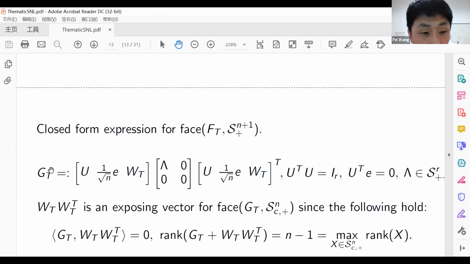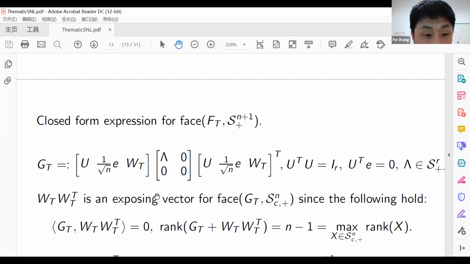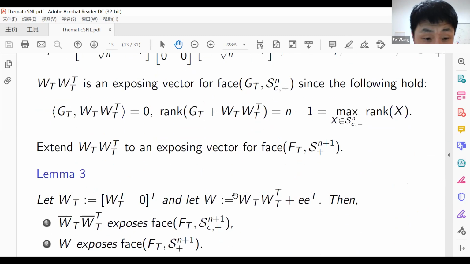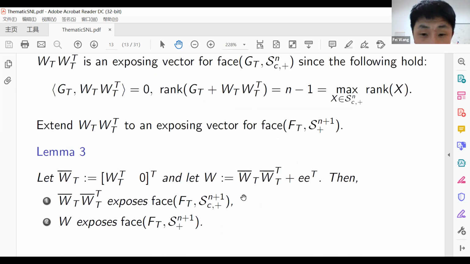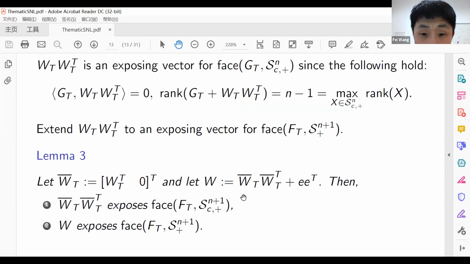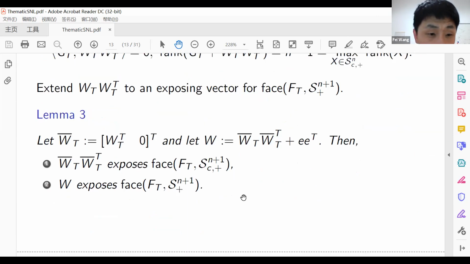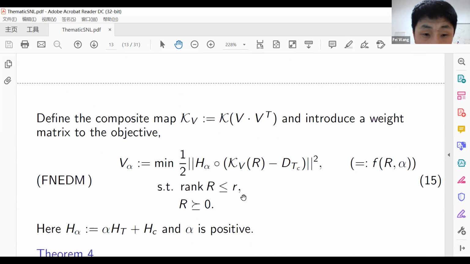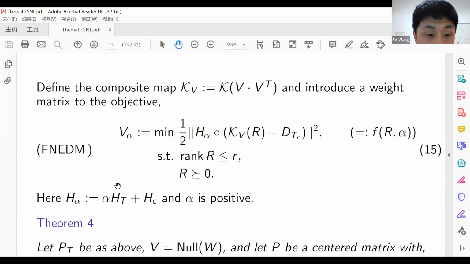And the closed form expression for this face is the following. GT is the Gram matrix for the towers, and then we apply the spectral decomposition to the Gram matrix, and we find an exposing vector. With the exposing vector, we can apply facial reduction and get a facially reduced problem, which is the following.